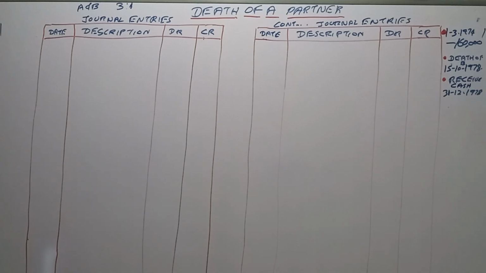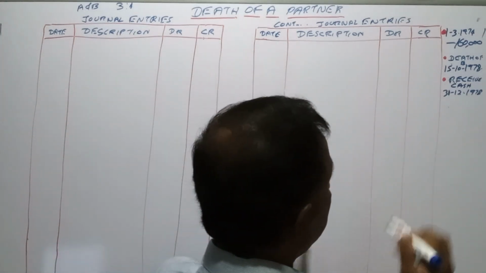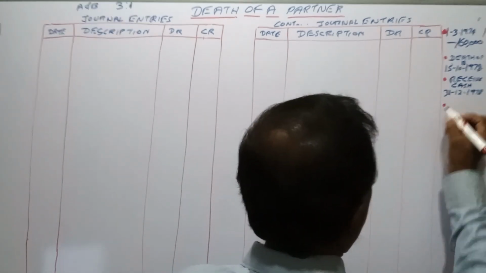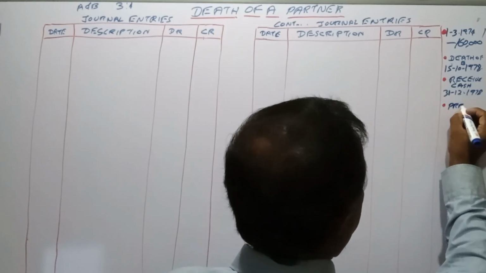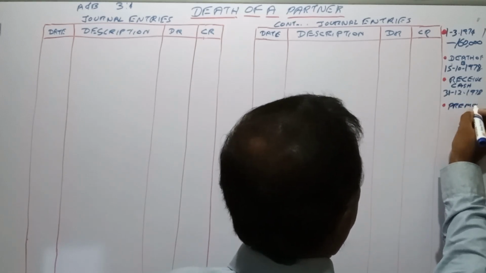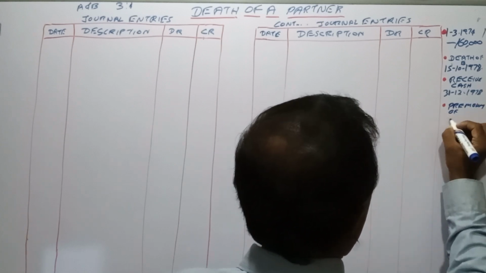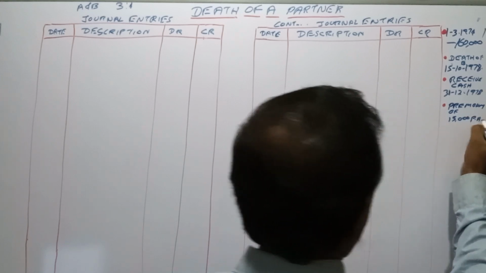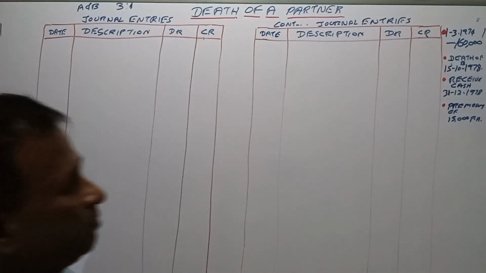They used to pay a premium of 15,000 per annum, right?